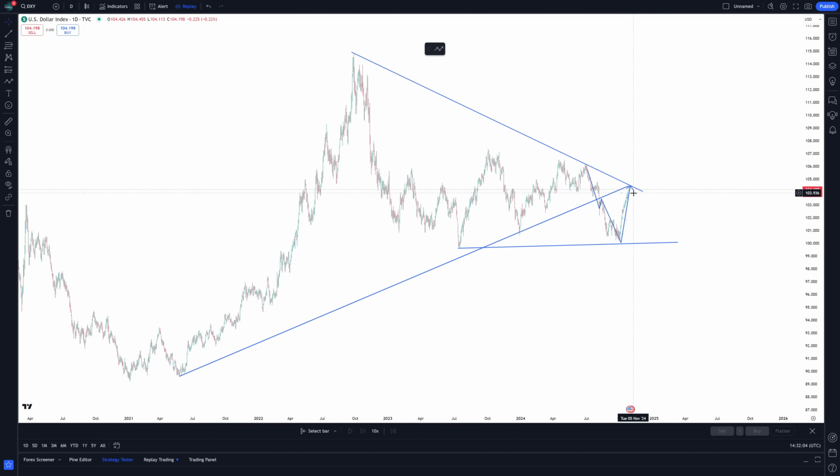But if it gets rejected and goes, say, below around 102, it's not going to stop at 102. It's going to go way, way, way below. So if it's going to break, it's going to go up like that really, really fast. But if it's not, it's going to go down really, really fast also. But whatever it's going to do is going to be violent, either on the upside or on the downside.